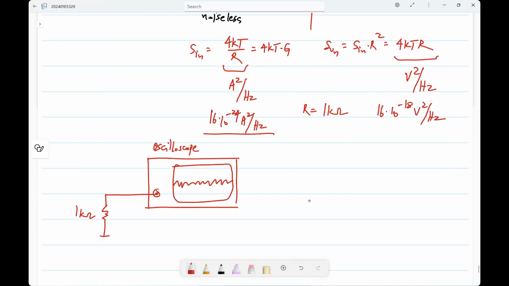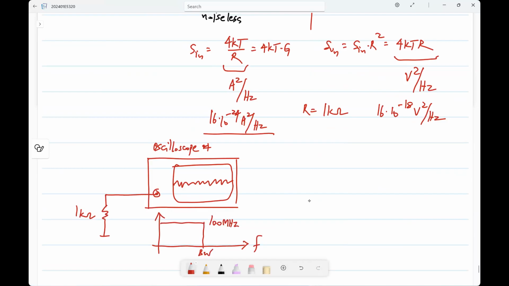Like any real system, that bandwidth indicates some frequency limitation, but it's not as though everything above that frequency is cut off. But let's assume that the oscilloscope's own transfer function looks like this, and this is the bandwidth. Let's say that we are talking about a 100 megahertz bandwidth oscilloscope. Then what will I see?